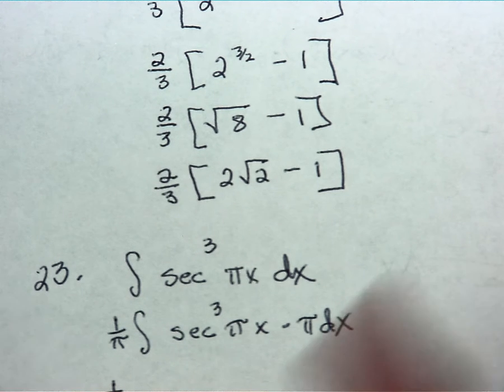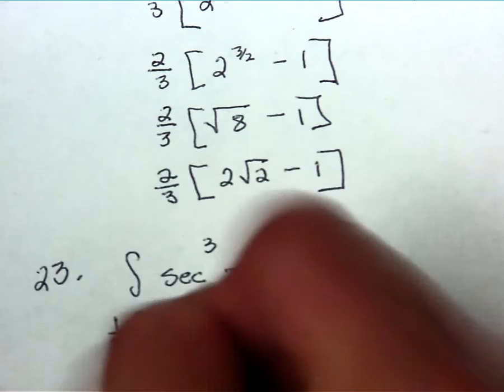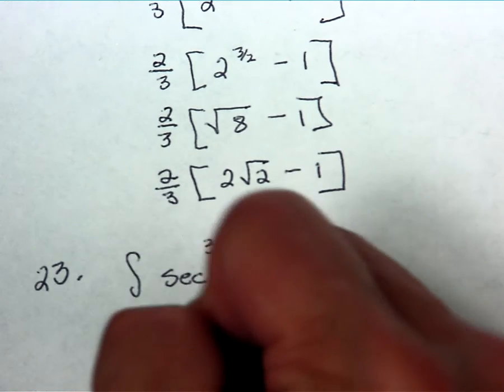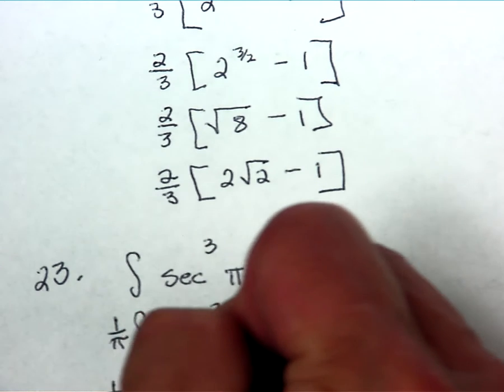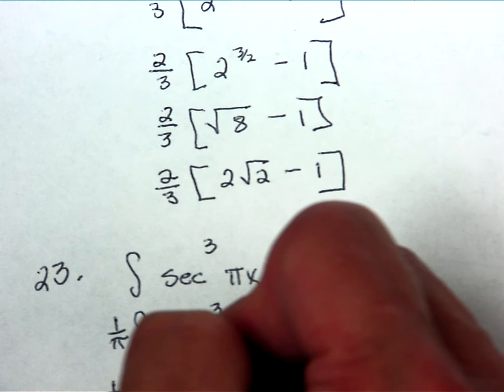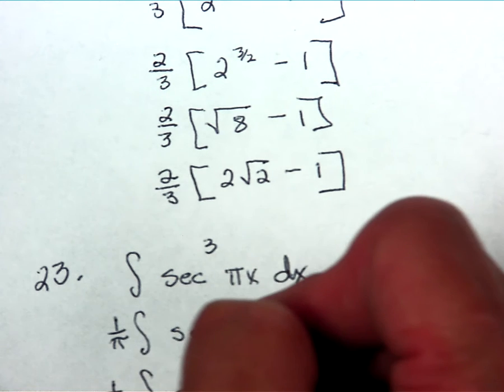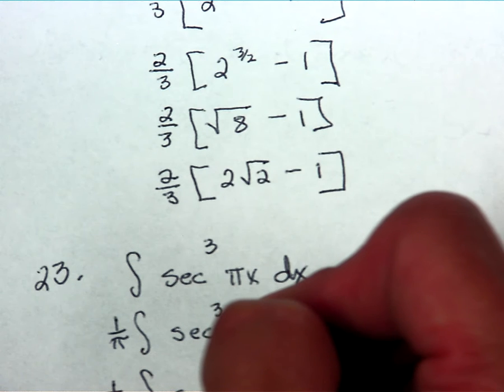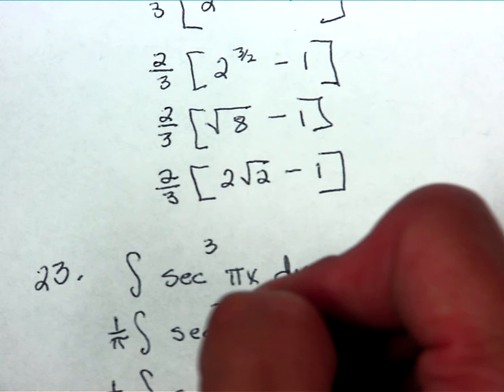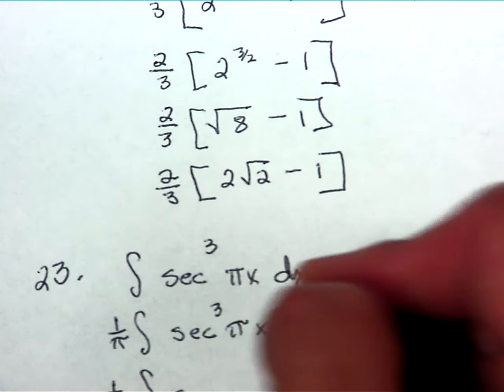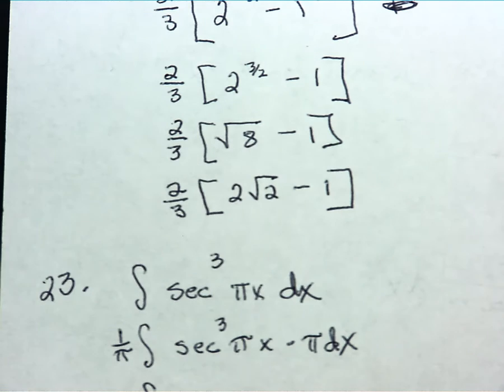Okay, so I'm going to let that be. But that was the example 5 in the book. Mine says power of secant is even possible.